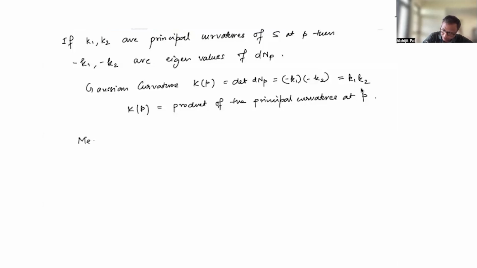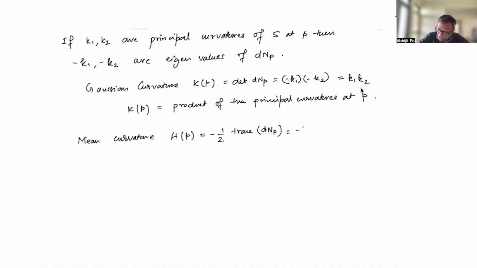And now if I take mean curvature H_P, this is equal to minus half of the trace of the matrix of the operator dN_P. So the trace of this matrix, which is equal to the sum of the diagonal elements of the matrix, is equal to the sum of the eigenvalues.